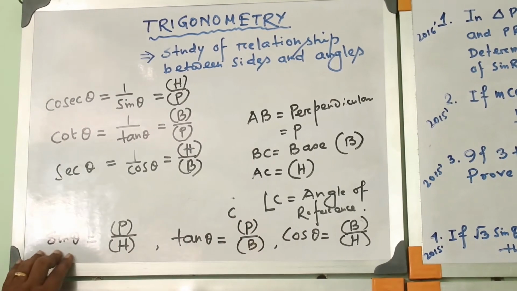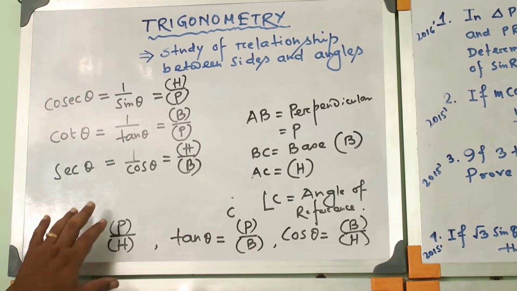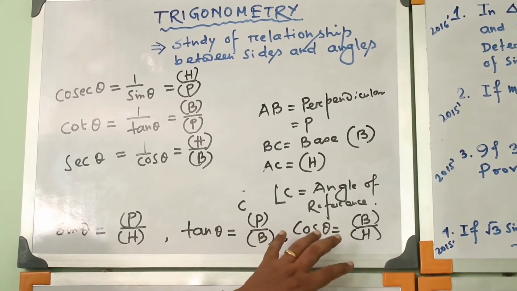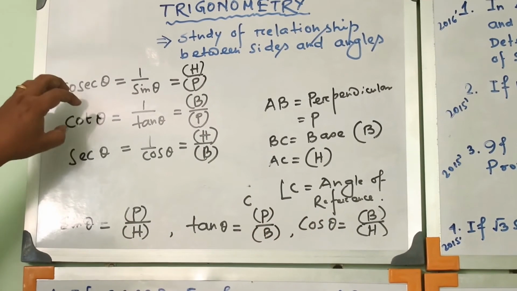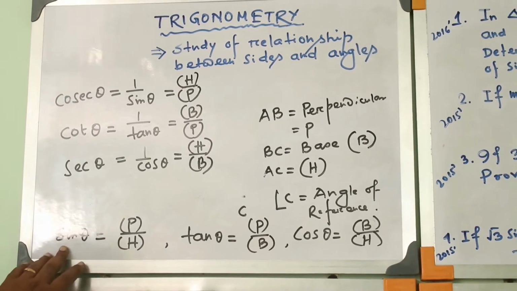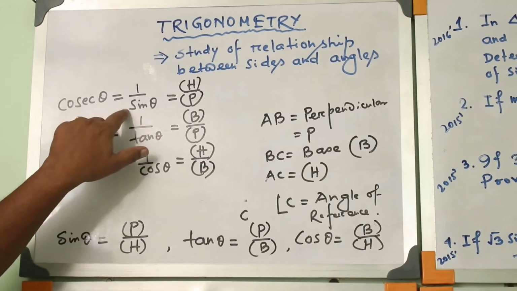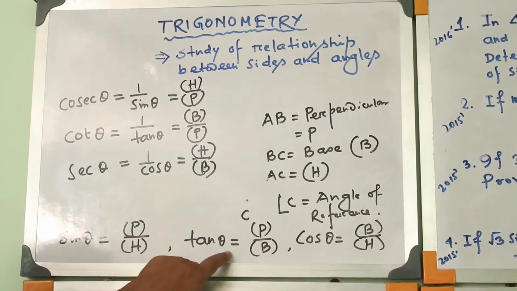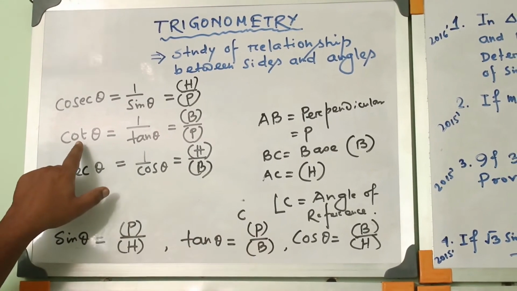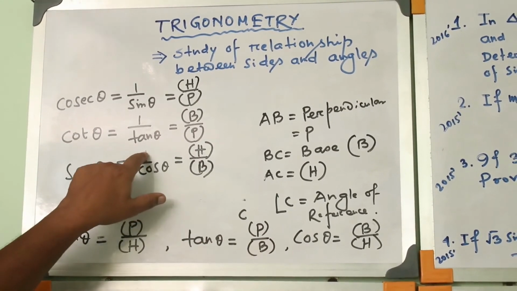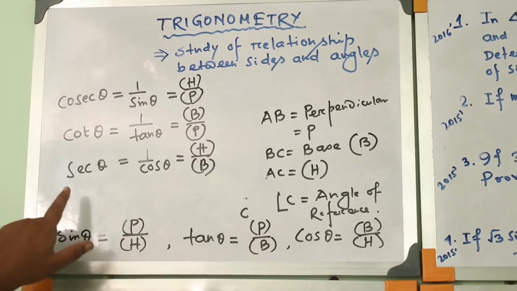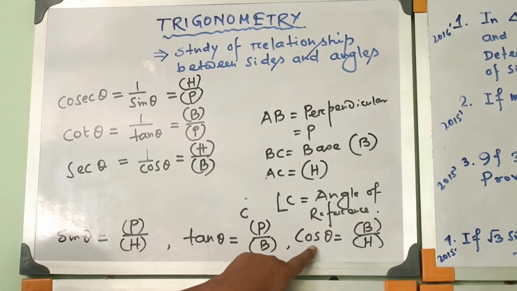The trick is that if you remember sin theta, tan theta and cos theta, from that you can easily derive cosec theta, cot theta, sec theta. Because sin theta is equal to P by H, so cosec theta is equal to H by P. If you know tan theta is equal to P by B, you can easily derive cot theta, which is equal to 1 by tan theta, is equal to B by P. Sec theta is equal to 1 by cos theta.